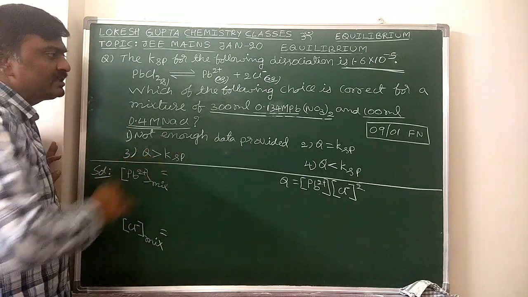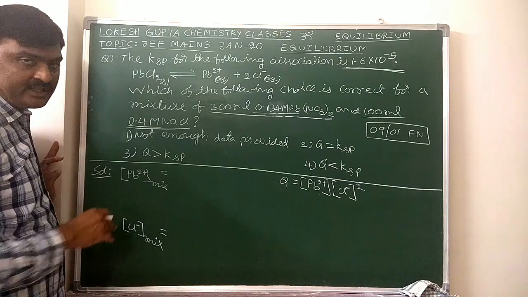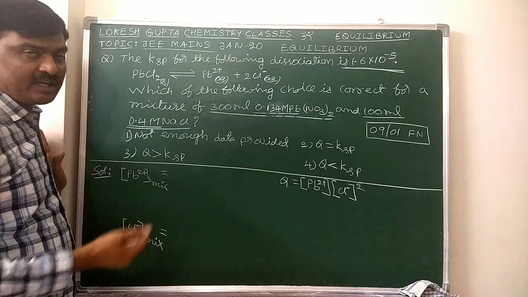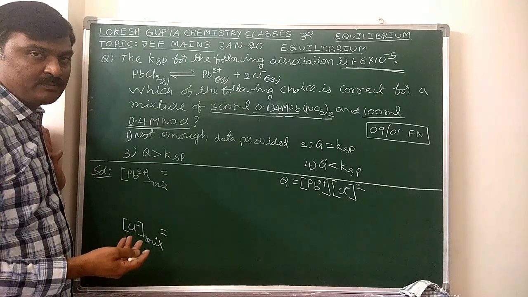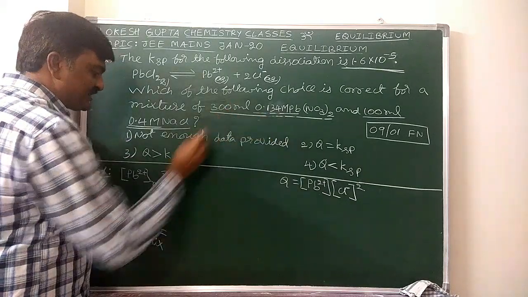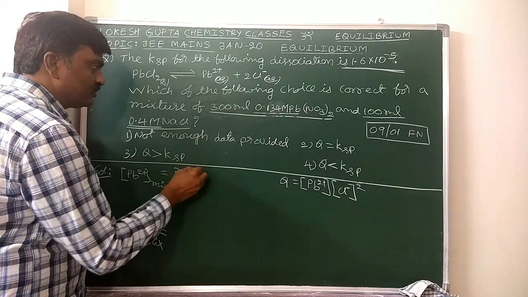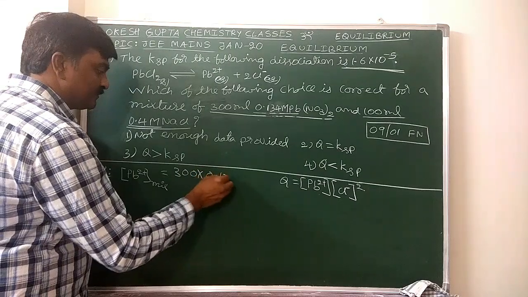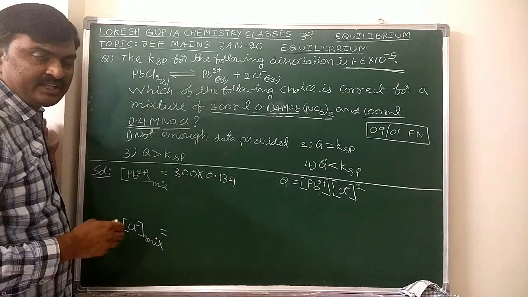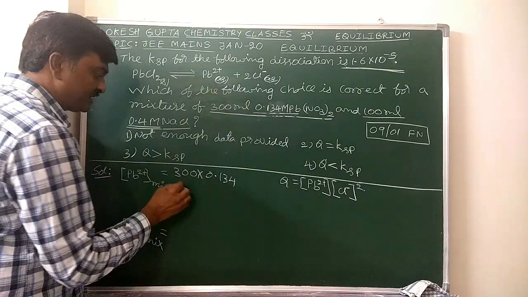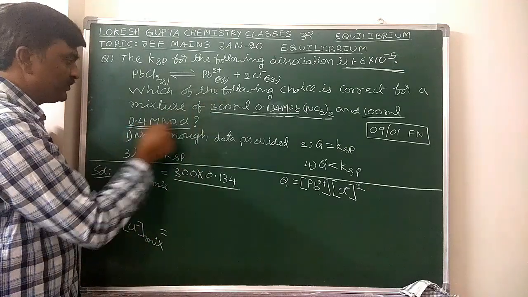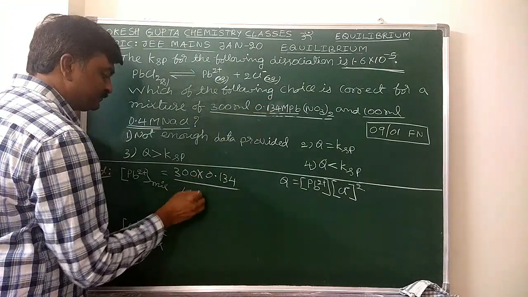After the mixing, in the mixture, what is the concentration of Pb2+? Molarity formula: number of millimoles by volume in milliliter. Number of millimoles of Pb2+ is molarity into volume in milliliter. There is no Pb2+ from the other solution, only from this one. Divided by the total volume of the mixture in milliliter, 400 ml.